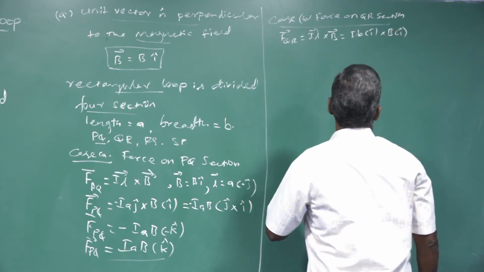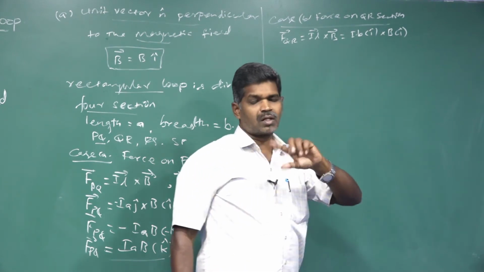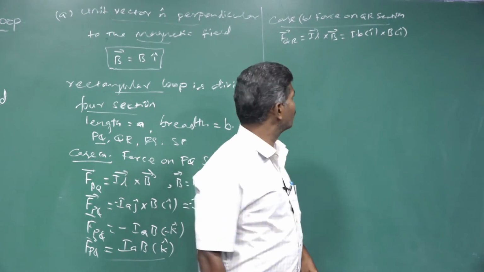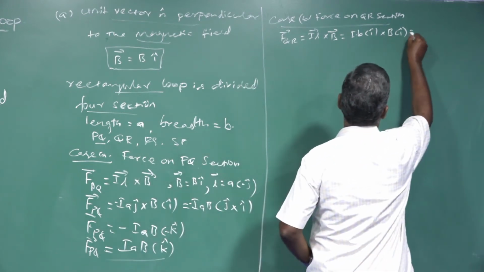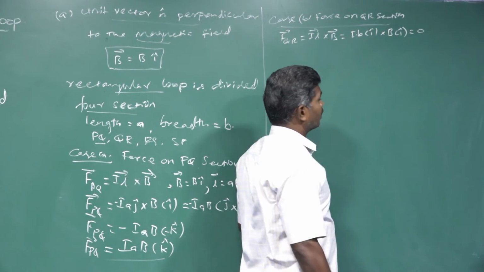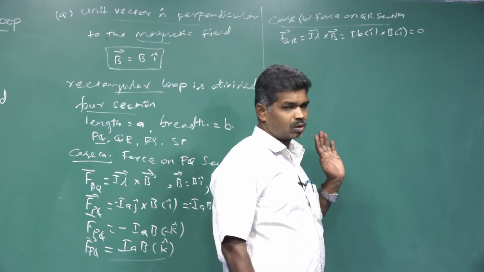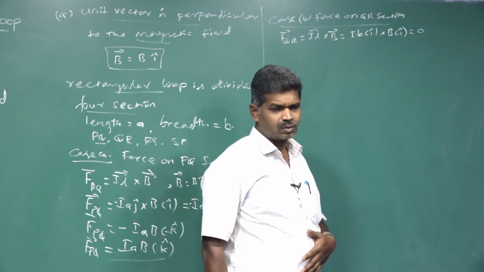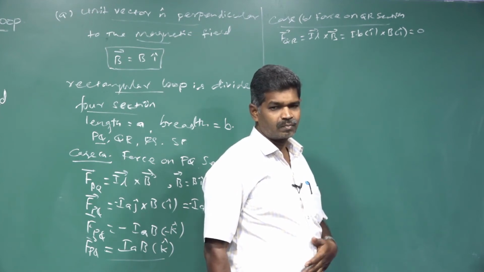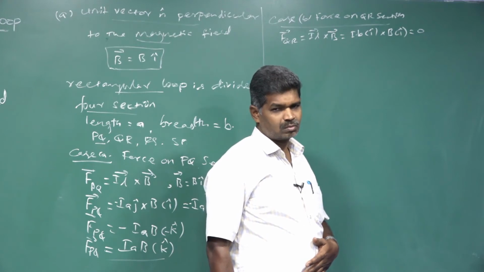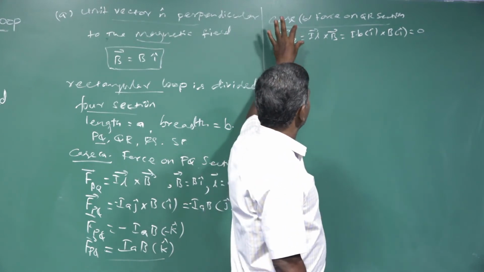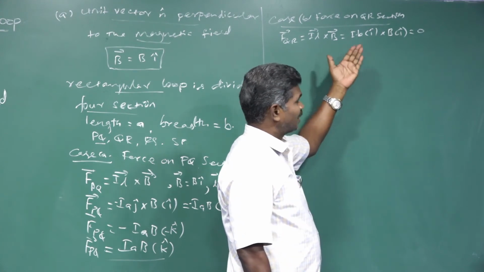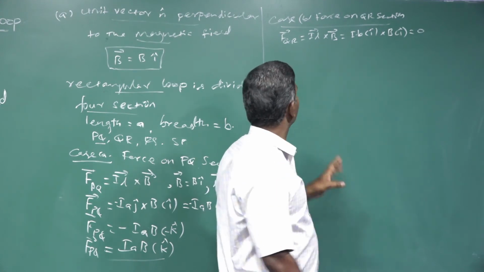The cross product i cap cross i cap is 0, so this force becomes 0. The first force, F PQ, has a value and acts along the positive z direction, but the second section's force is 0.